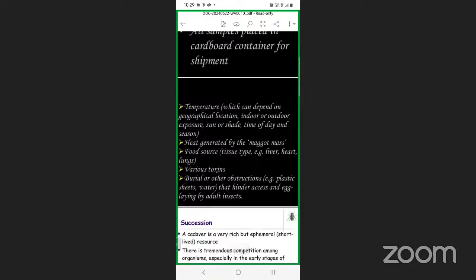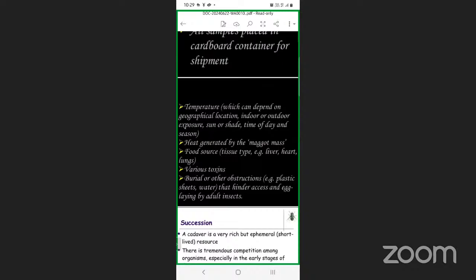So we are saying that temperature plays an important role in the developmental stages of these blowflies and beetles. This will mainly depend on the geographical location, whether it is indoor or outdoor, whether it is exposed to sun or shade, the time of day, and which season the body is lying in that particular place.